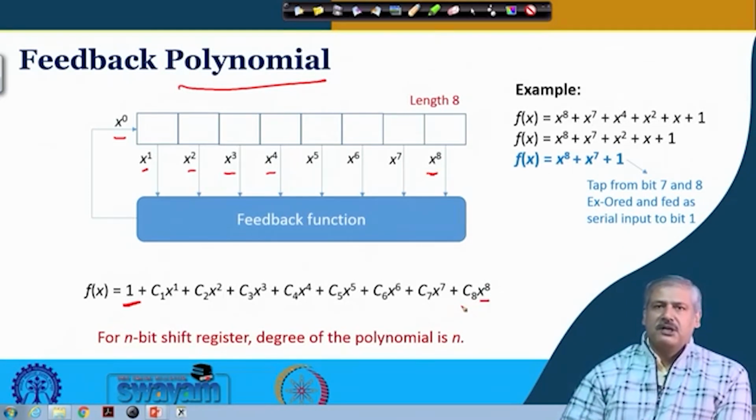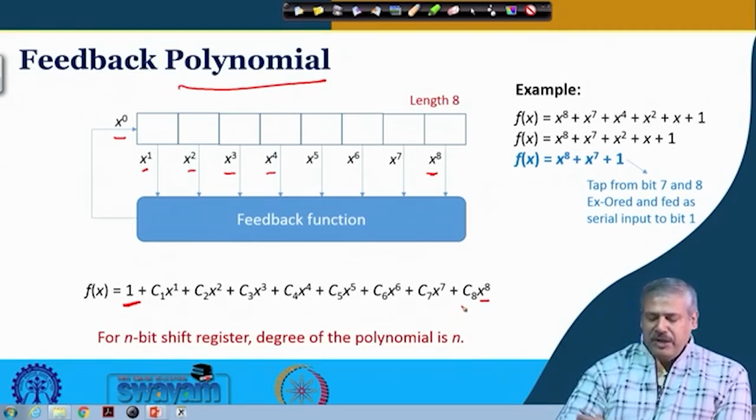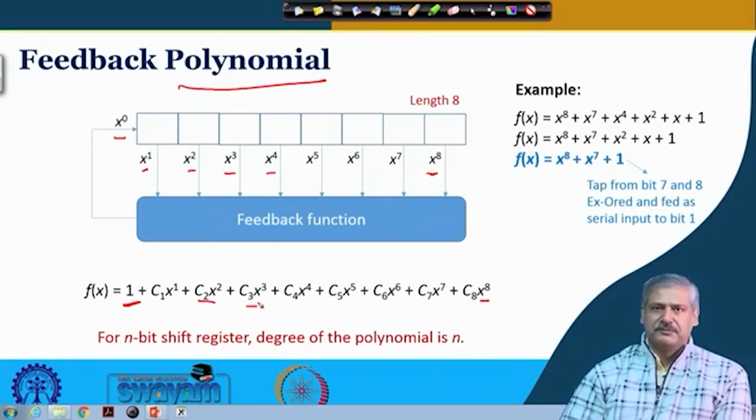If it is of length n, x to the power n is also expected to be there, but there could be another way the polynomial can be generated without that. And in between, wherever the connection is there, that means these Ci values are 1, the tap is there, otherwise it is 0.